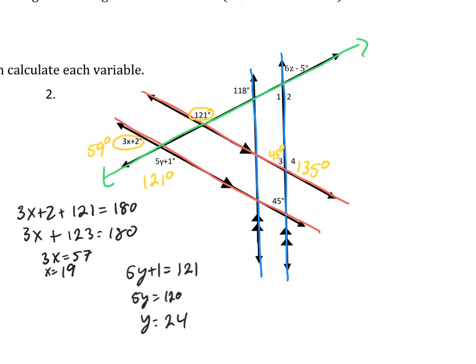Okay, last piece of this puzzle. We're going to go over into the upper right and start working over here. This time we have our two blue parallel lines cut by our green transversal. We're going to just start filling things in. The 118-degree angle is going to be complementary to angle 2 here because they are alternate exterior angles.